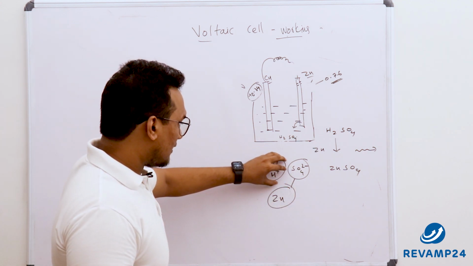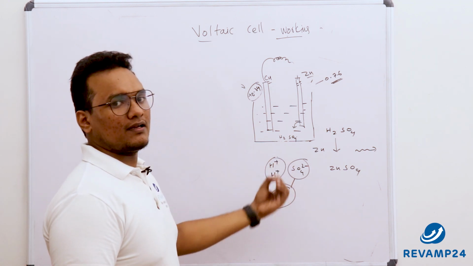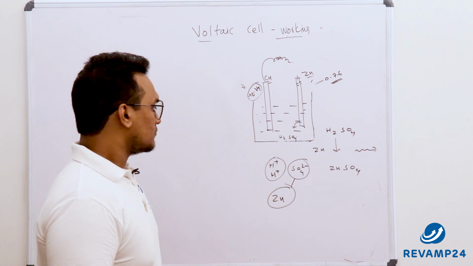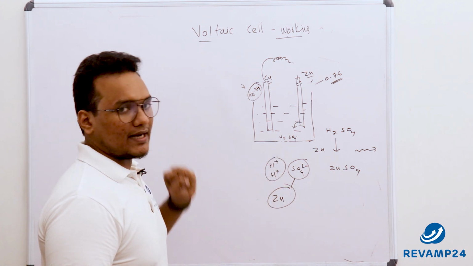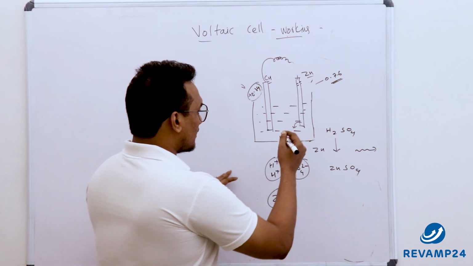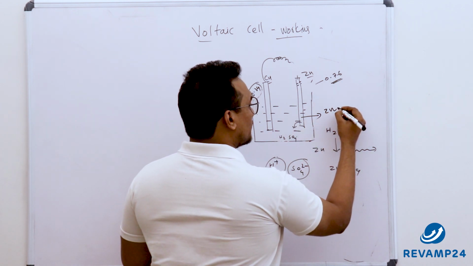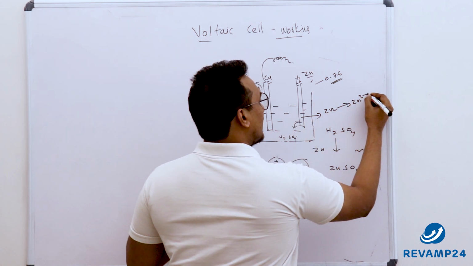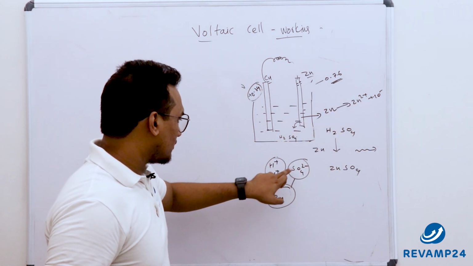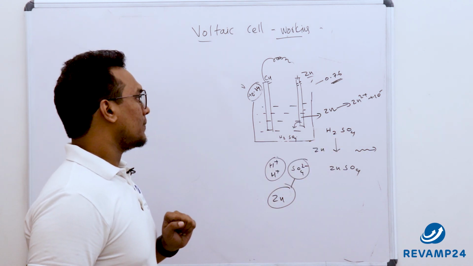So we can remove 2H plus here and insert Zn2 plus instead, keeping the same charge, only different sized atoms. That's not a problem. So Zn initially has to become Zn2 plus and 2 electrons. Then this Zn2 plus can combine with SO4 2 minus and become ZnSO4.